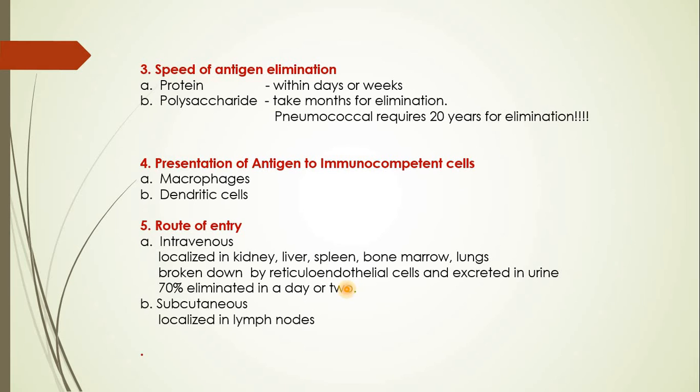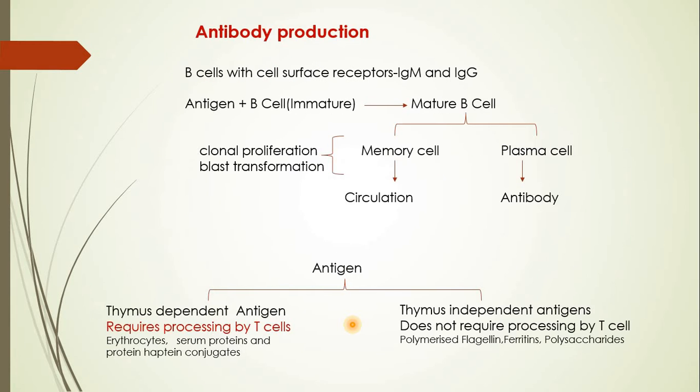Nearly 70 to 80% of such intravenous antigens are eliminated in a day or two. In contrast to this, whenever there is subcutaneous entry of pathogen or antigen, then these are mainly localized in the lymph node and a very small quantity is observed in the spleen, right?